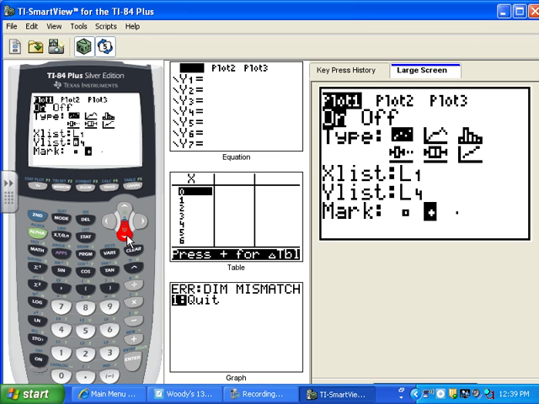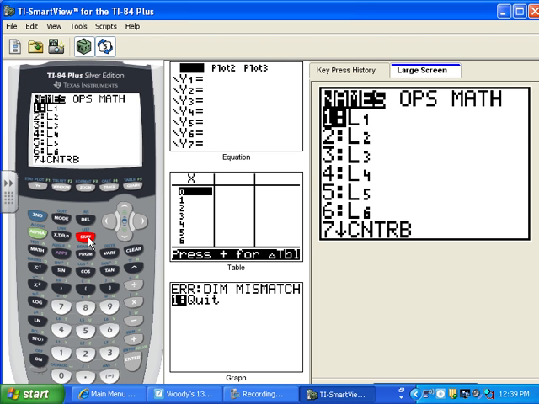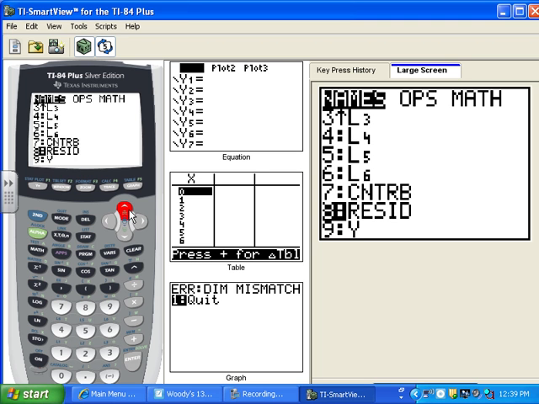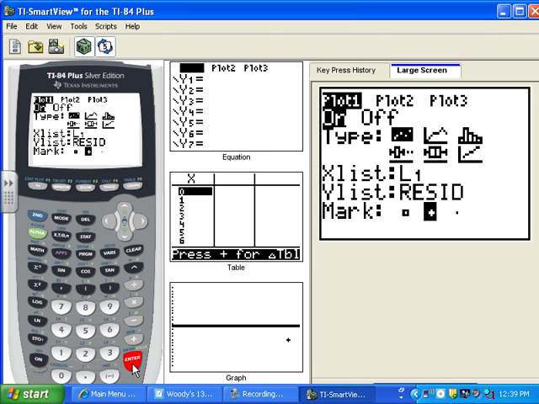And for your y values, you want that to say resid. Residuals are under 2nd Stat, under your list. You have a button there that says resid. Use it, so you don't have to calculate the residuals by hand.